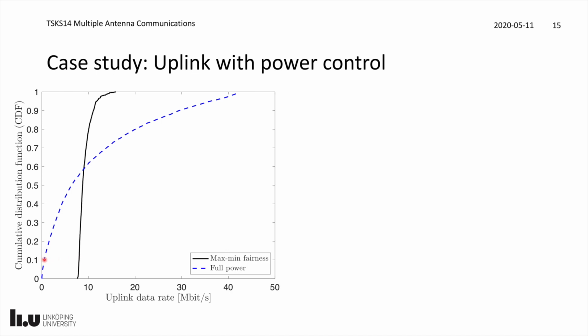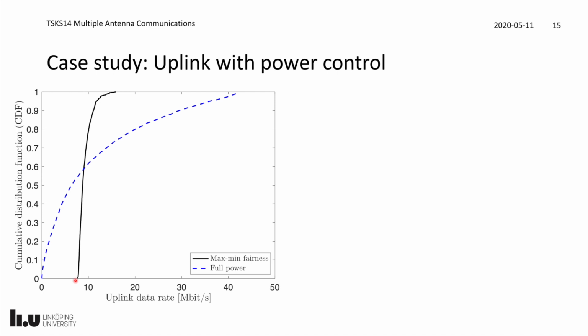We are getting like 1 megabit per second or so with full power, while we're getting, say, 8 megabits per second in the maximum fairness case. So the data rate that can be guaranteed for 90% of the users is 8 times larger here. And if we go even further down here, what can we guarantee to everyone? Well, there is a huge gap here. So this is what maximum fairness is focusing on.